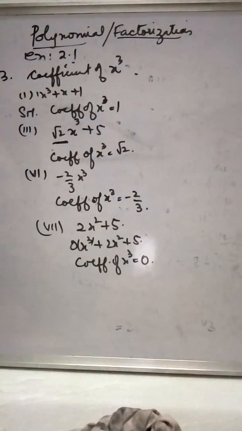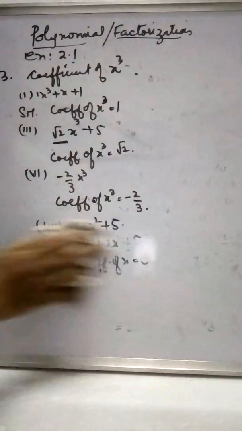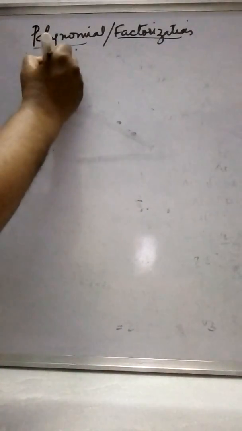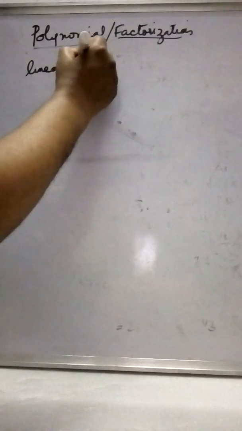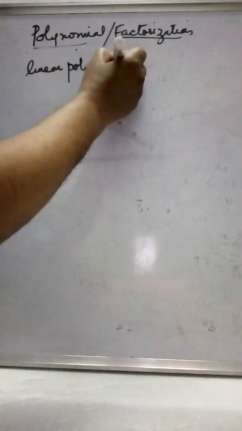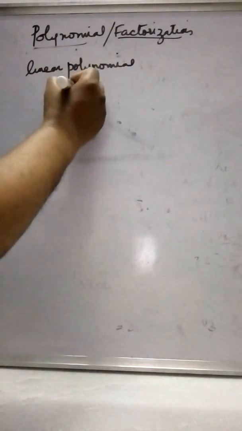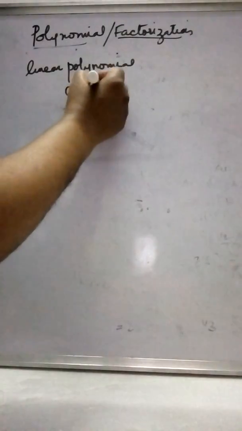Okay, classify the following as linear, quadratic and cubic polynomial. So now we will see the general form of the linear, quadratic and cubic polynomial. Linear polynomial: the general form is ax plus b.